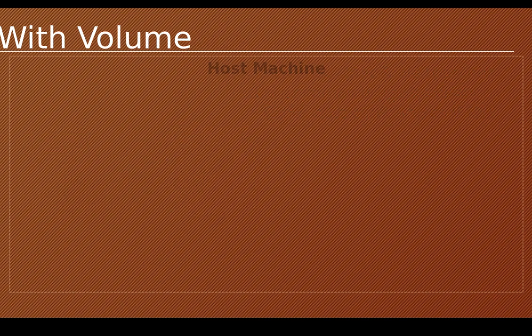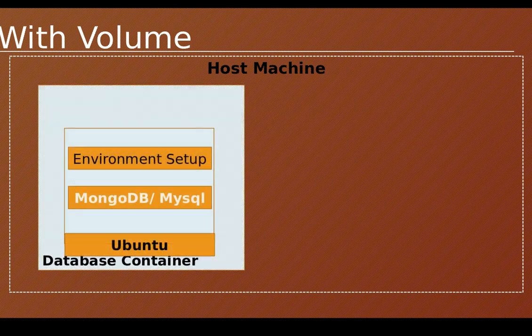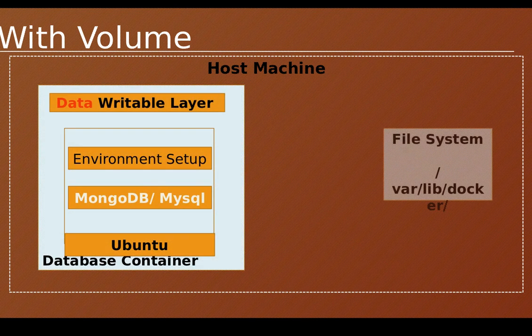But with volumes, the benefit is that the host machine, where the Docker daemon is running, has a file system. With the help of Docker volumes, we can attach this file system so that the Docker containers can start using it with the help of Docker volume drivers.